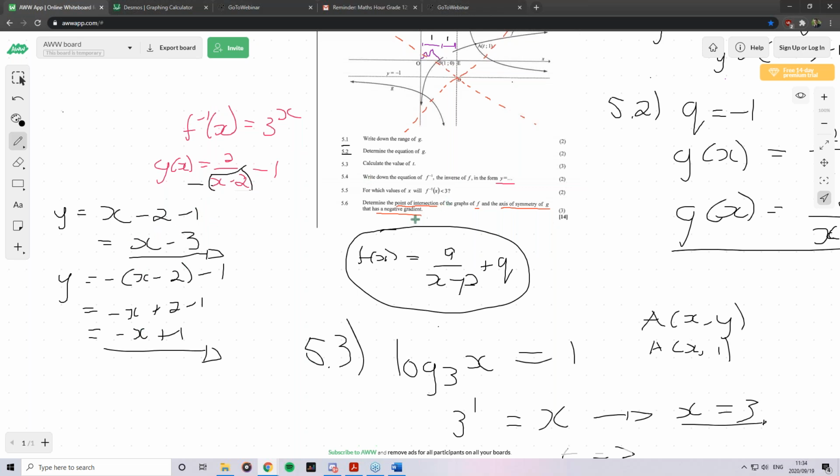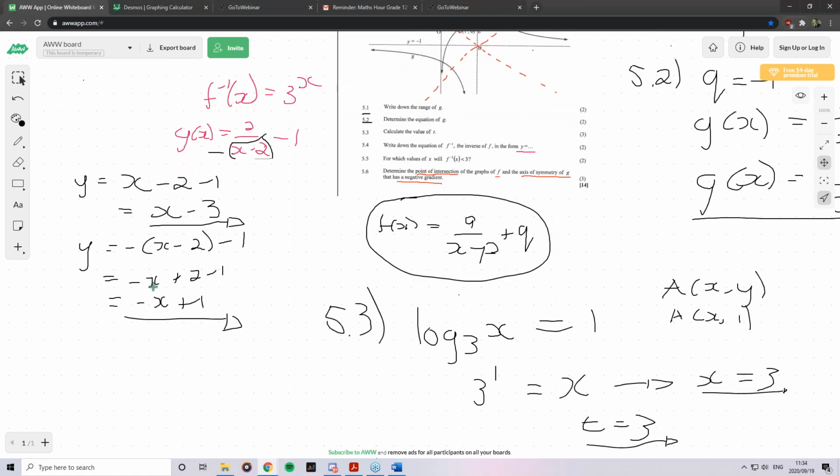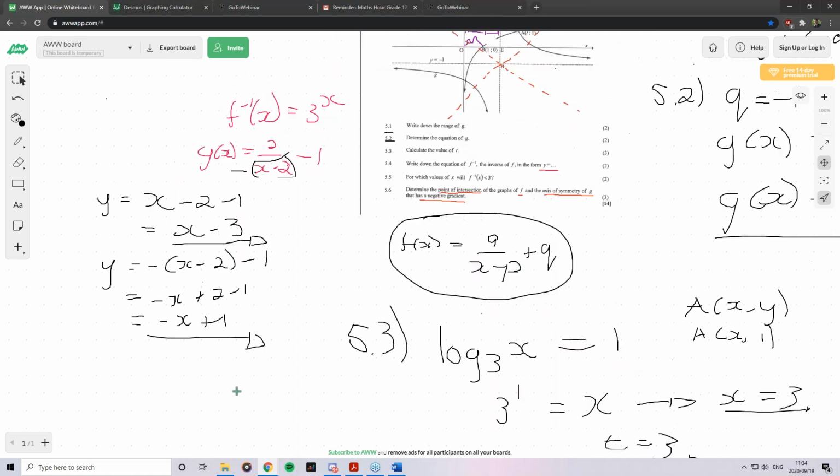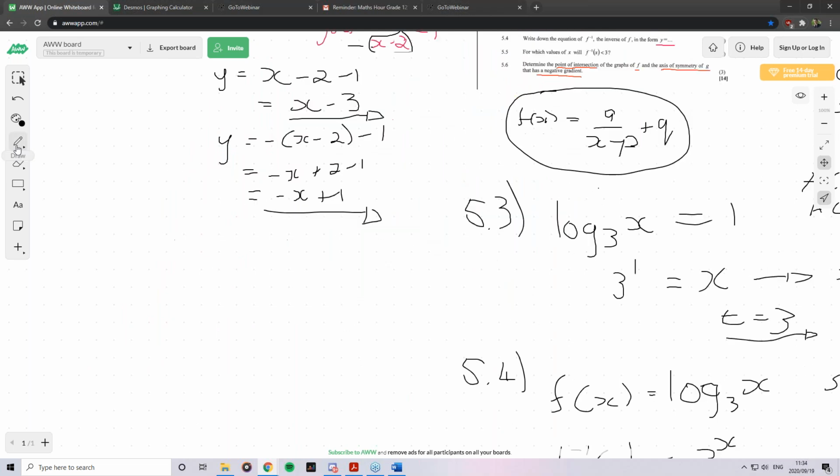So what they're really asking is the point of intersection between f and this equation here. f of x is log base 3 of x. So what they're really asking is where is log base 3 of x equal to minus x plus 1.